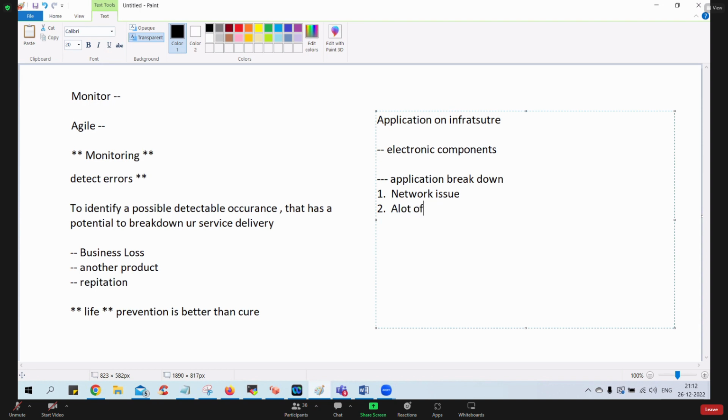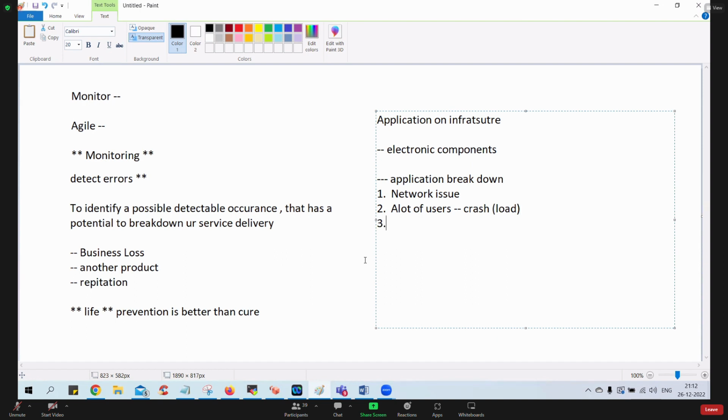A lot of users are logging into that application and suddenly the application may crash. We generally call this load. Because of too much load, the application will crash because applications have some settings. So beyond 1000 logged in users it will crash, or beyond, let's say, 2000. It depends on how you configure that application.